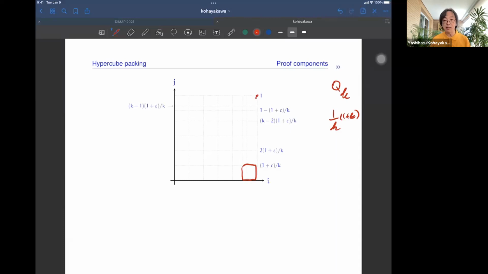Here is 1, 1. If you keep stacking them, this is the (k minus 1)th, and when you put the last, it would overlap, or you would fall out of the bin. So there's an overlap between the (k minus 1)th and the kth when you stack them up like this. So that's the problem.